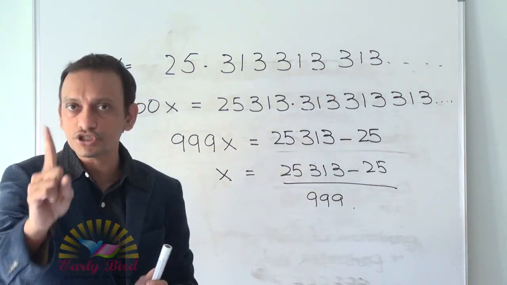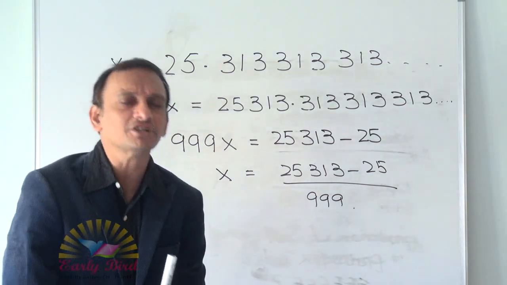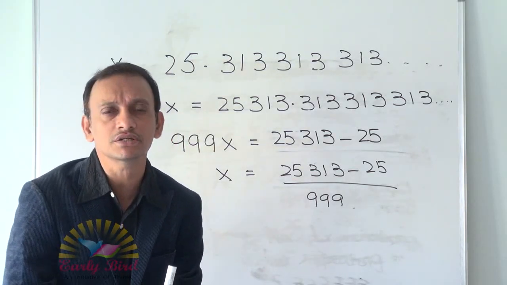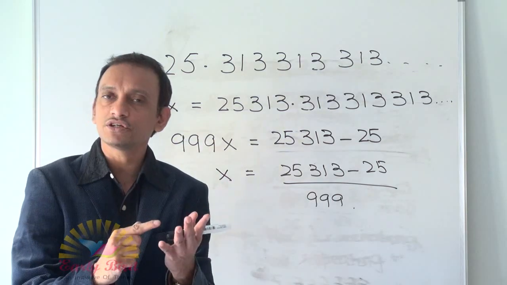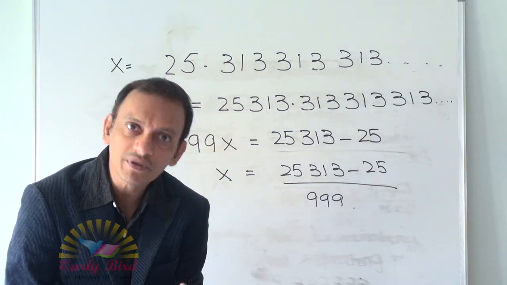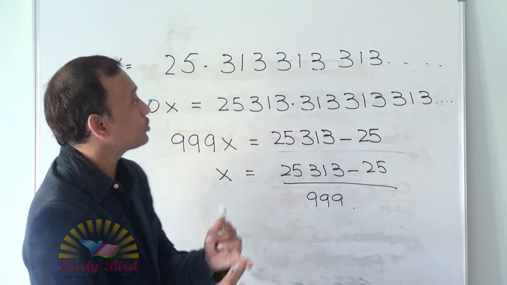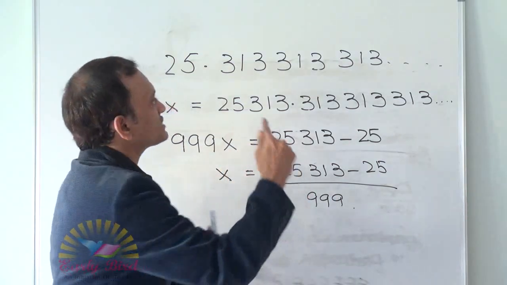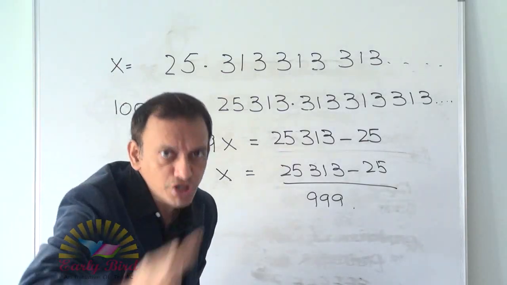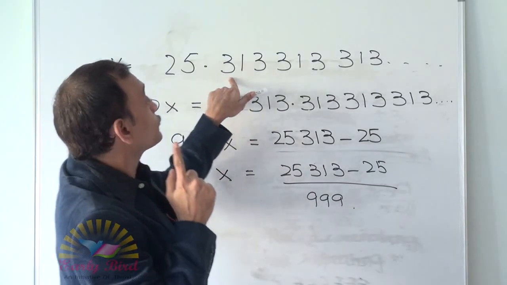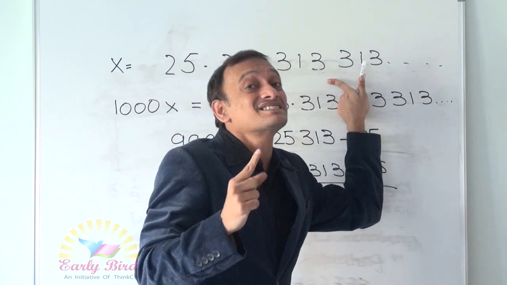So conclusion, every rational number in its decimal representation will either be a terminating decimal, or if it's a non-terminating decimal, it would be at least repeating.